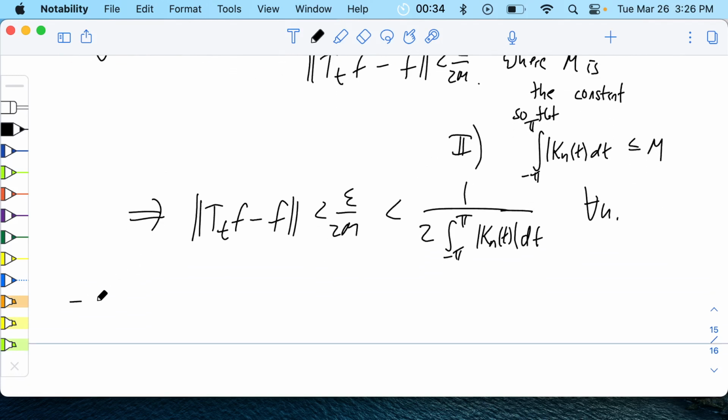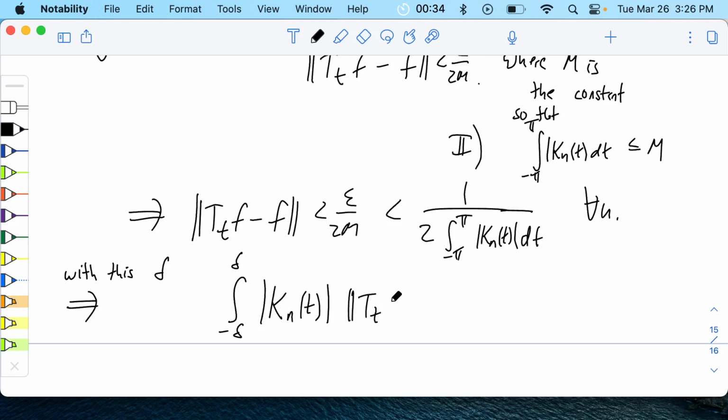And therefore, with this delta, if you do the integral from minus delta to delta of the absolute value of k_n of t times the norm of T_t f minus f dt, for all of the t's in this region minus delta to delta, this norm term is always less than epsilon over 2M.